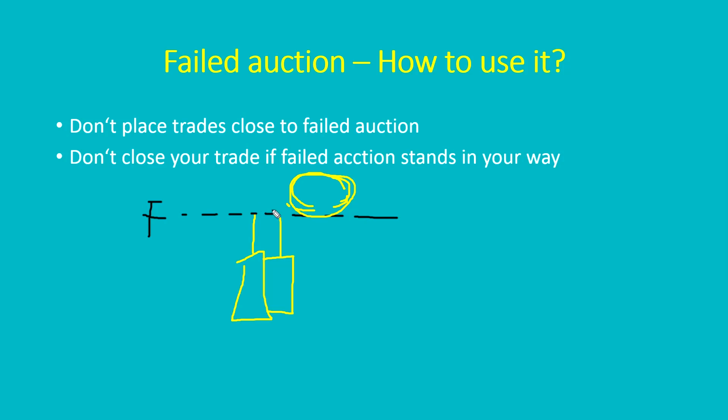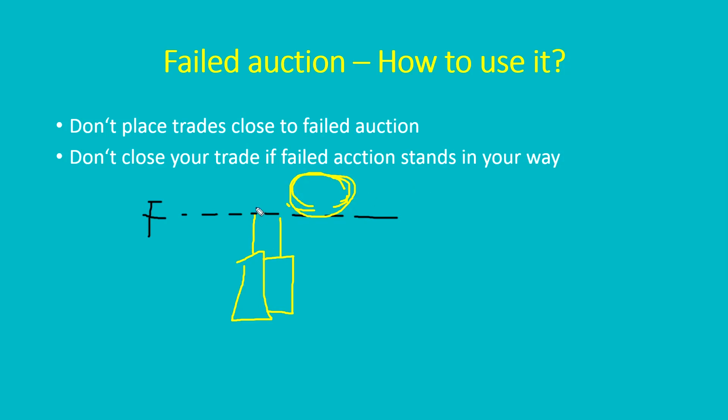Because there wasn't a strong rejection. If there was a strong rejection, then it would be a completely different case. Then it would be risky to push the price close to the rejection, because this would be a sign of strong sellers. But if the auction fails, then the big guys, the big financial institutions, are almost certain that there will still be somebody to trade above the failed auction.